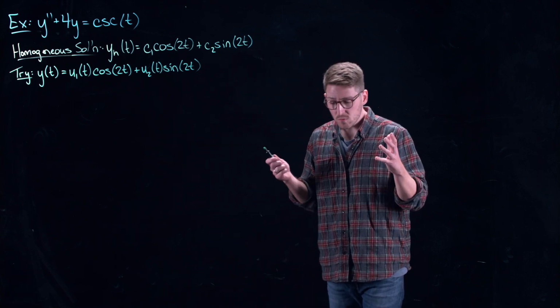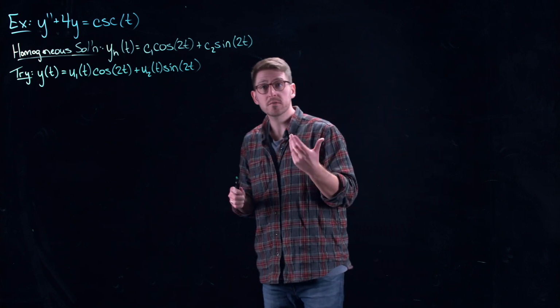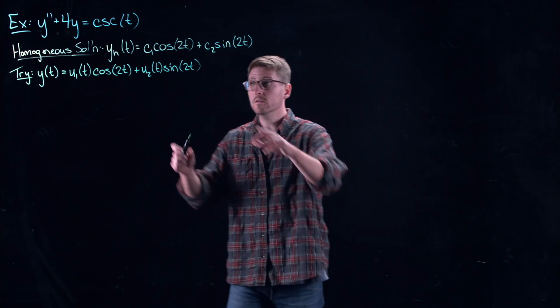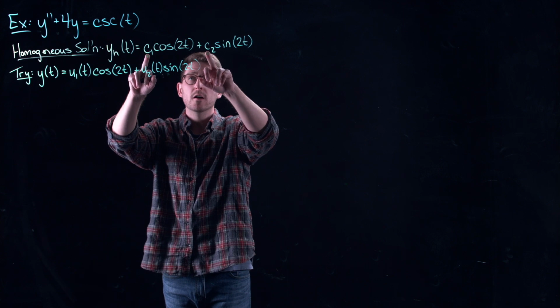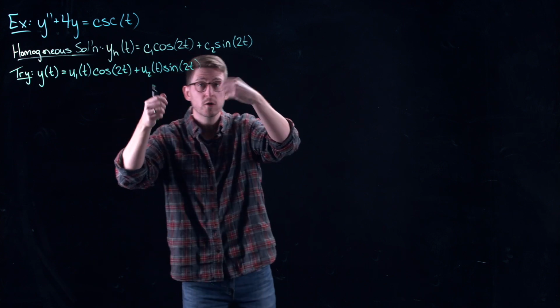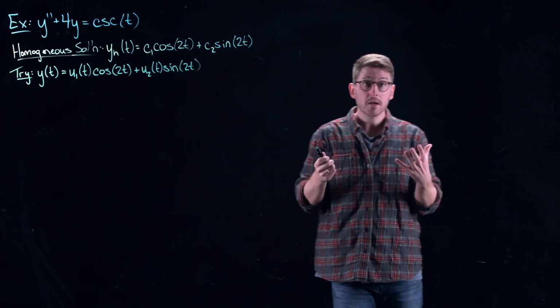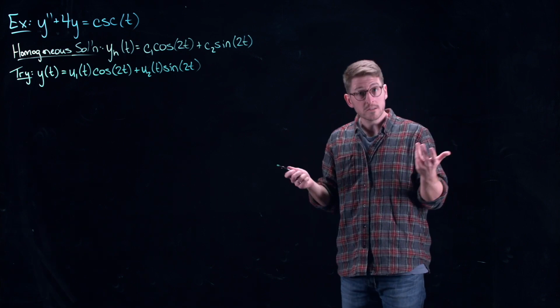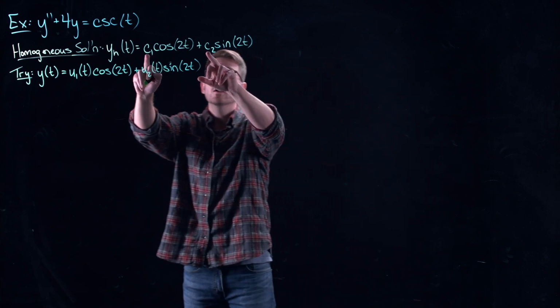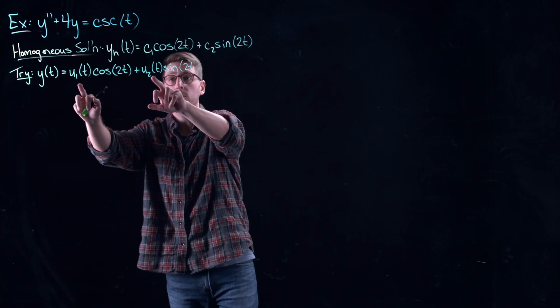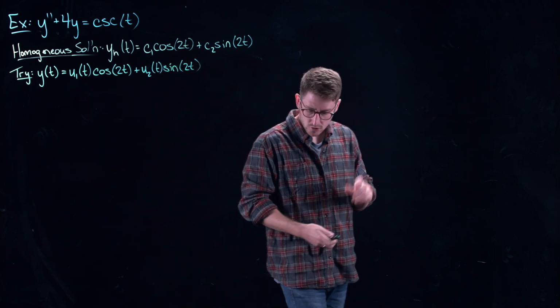That's where the name of this method comes from, variation of parameters. In this case, the system parameters are c1 and c2. You have some freedom to choose those. Sometimes people call this method variation of constants as well. Again, c1 and c2, but they're allowed to vary with time. That's where the variation part comes from.